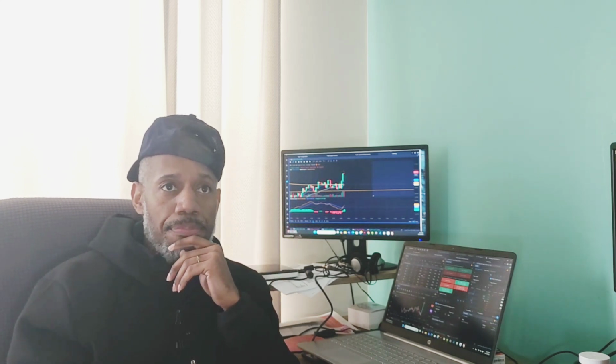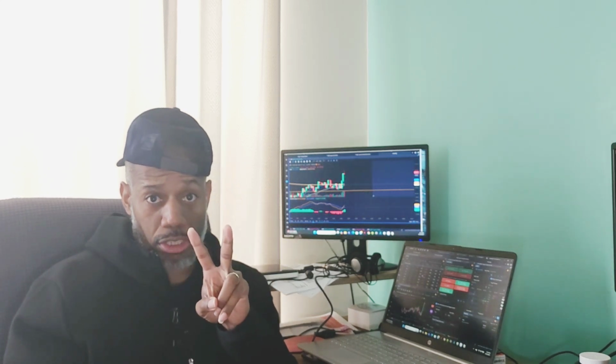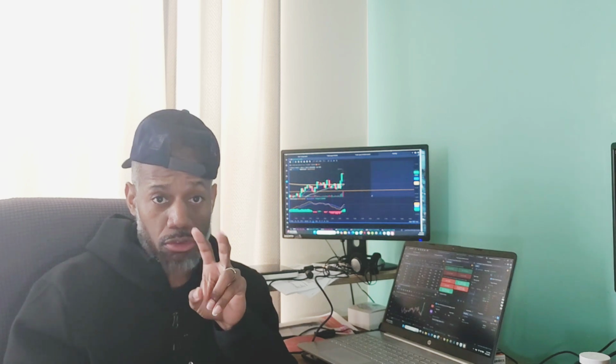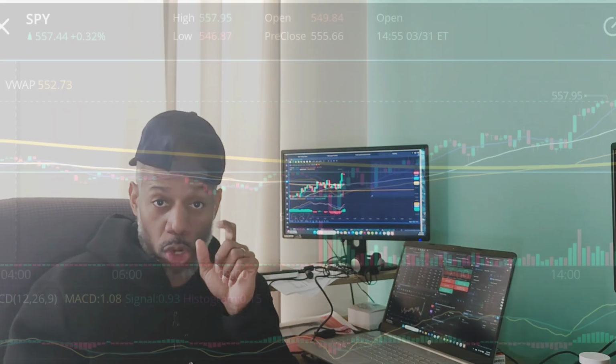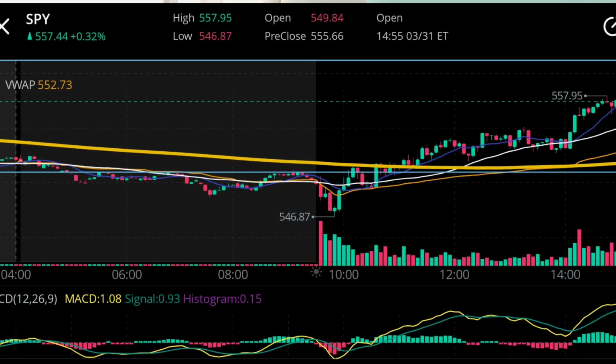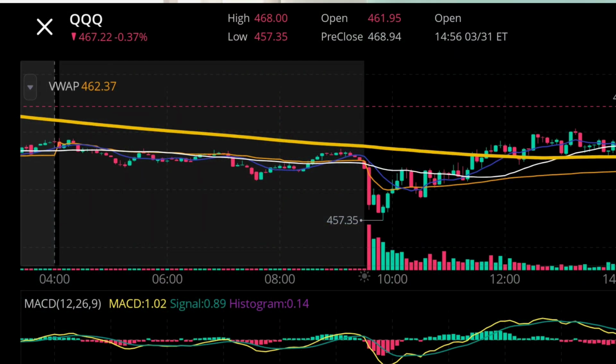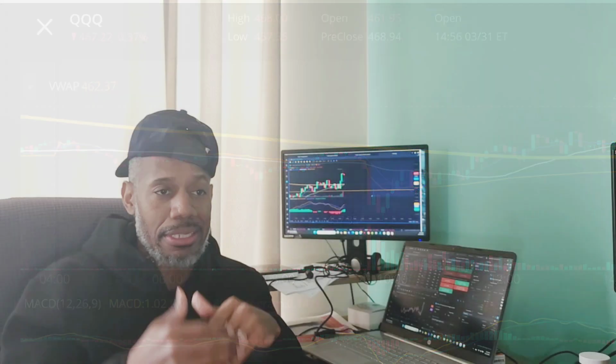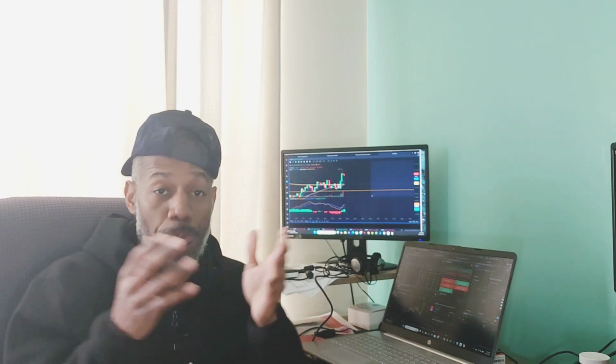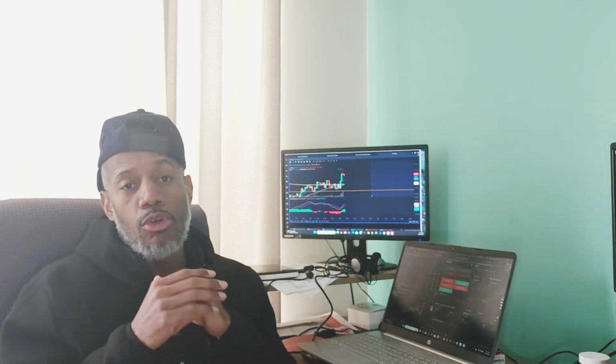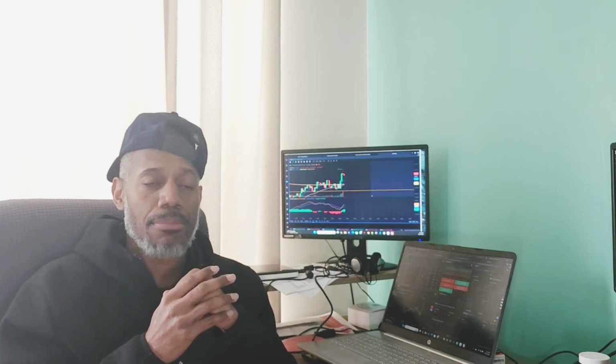What tickers should you trade? I'm going to give you 2 tickers. The first one is one you see I trade almost every day, which is SPY, and the second one is the QQQ. SPY is a representation of the S&P 500, and the QQQs kind of mimic the NASDAQ.